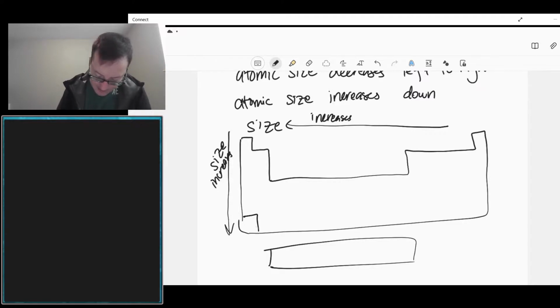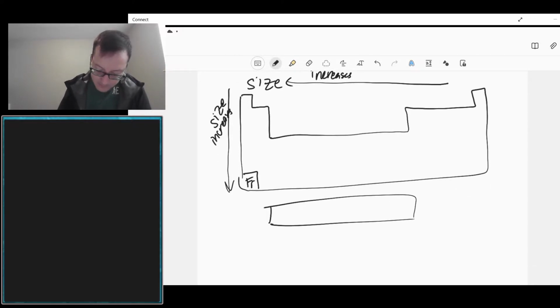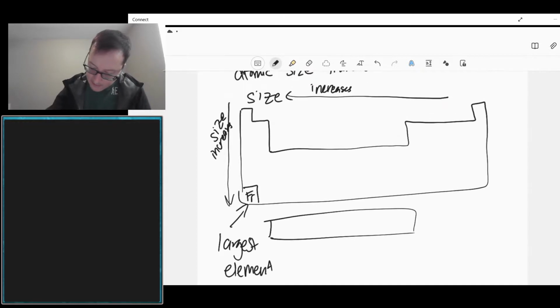Which means that francium here is our largest element. And helium here is the smallest.